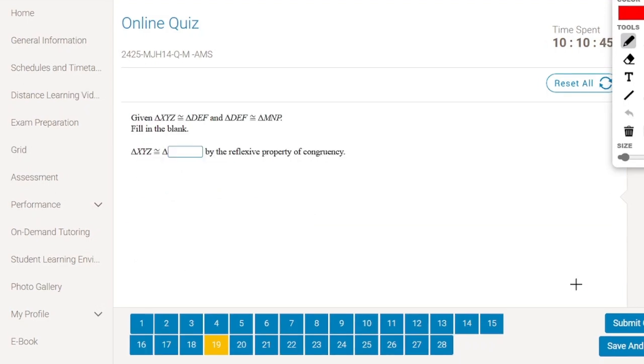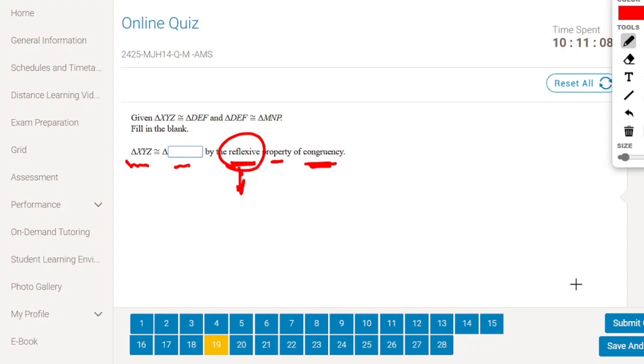Now question number 19. Given triangle XYZ congruent to DAF and DEF congruent to MNB, fill in the blank. Triangle XYZ is congruent to the triangle by the reflexive property of congruency. Reflexive, what does it mean?